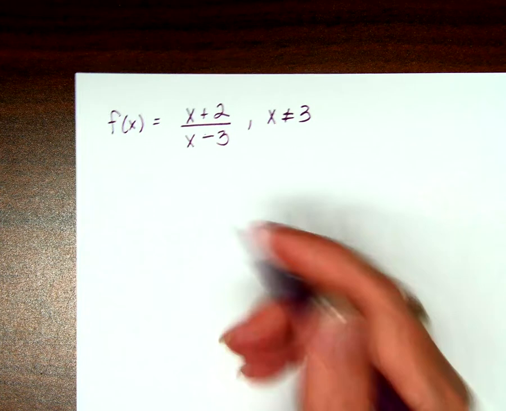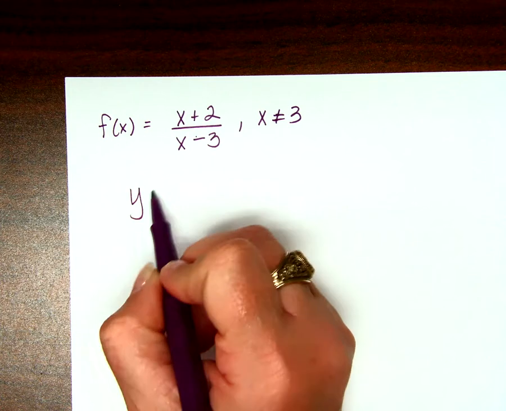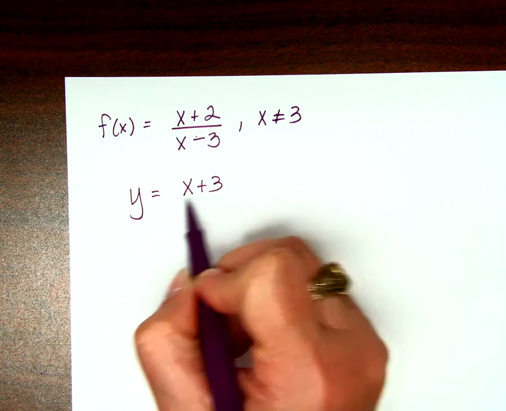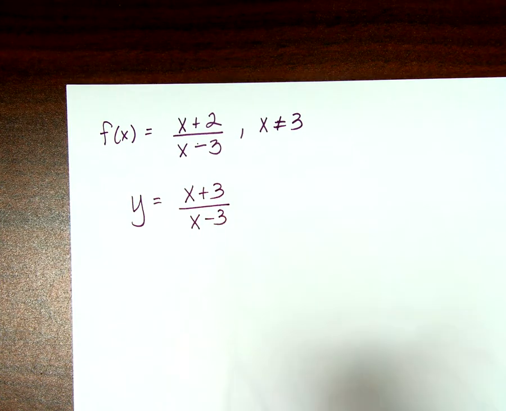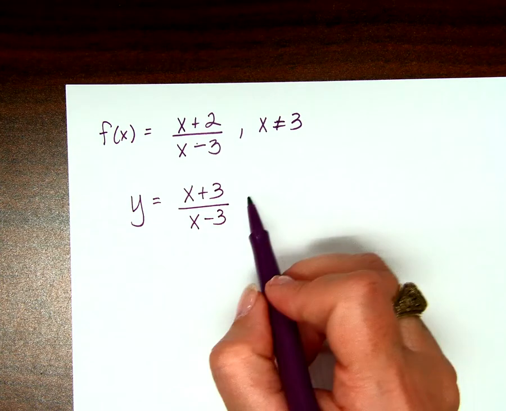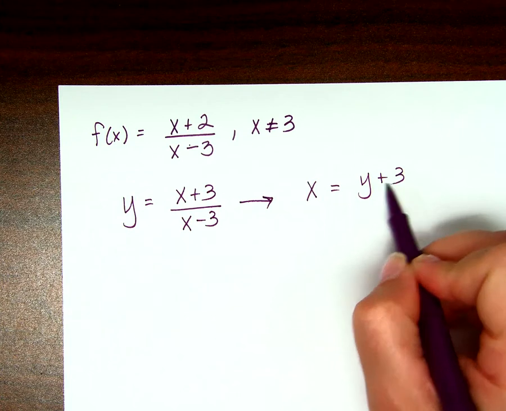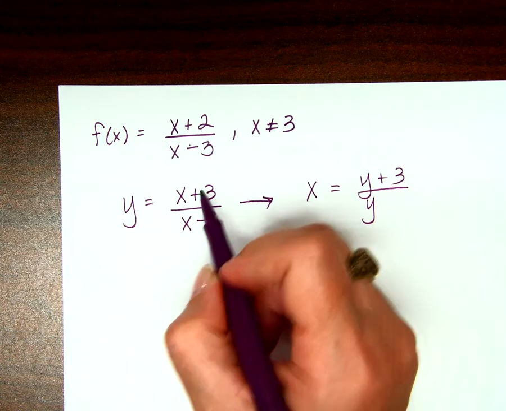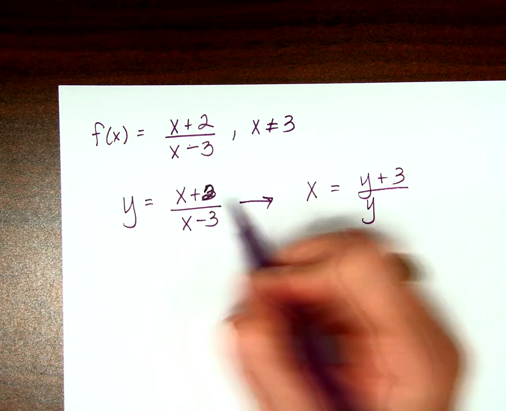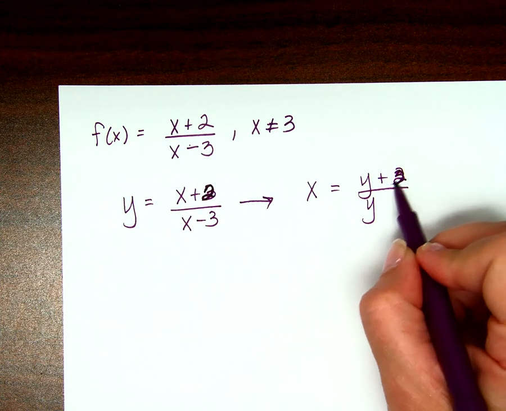So, let's start by saying y equals (x plus 2) over (x minus 3). Let's switch x and y. x equals (y plus 2) over (y minus 3).